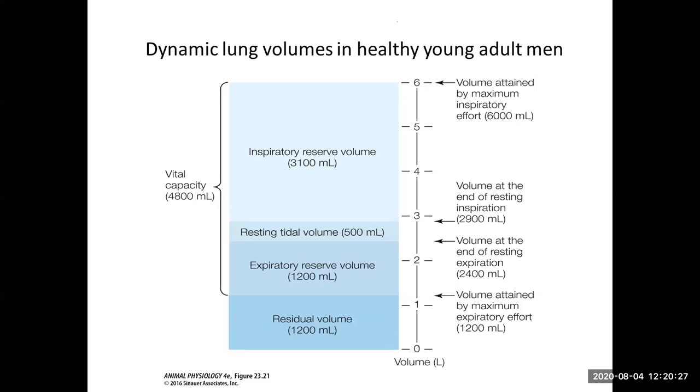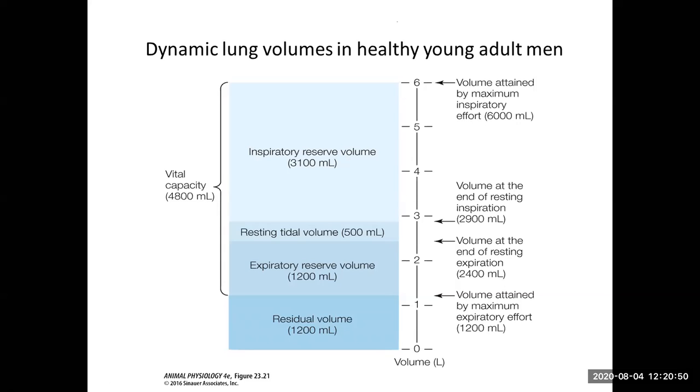In healthy young men, it's about 3,100 milliliters. Thus the total lung volume at the end of maximum inspiratory effort is about 6,000 milliliters. You can see here in this picture.